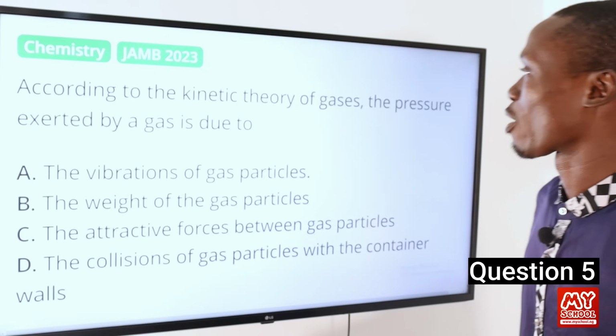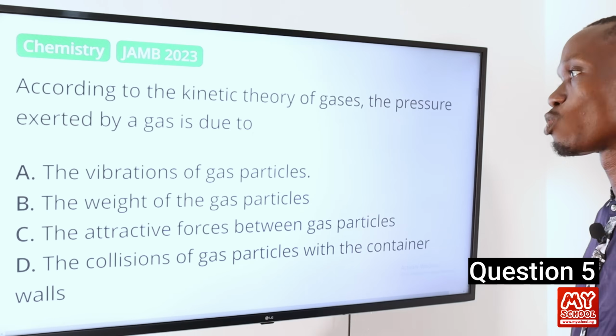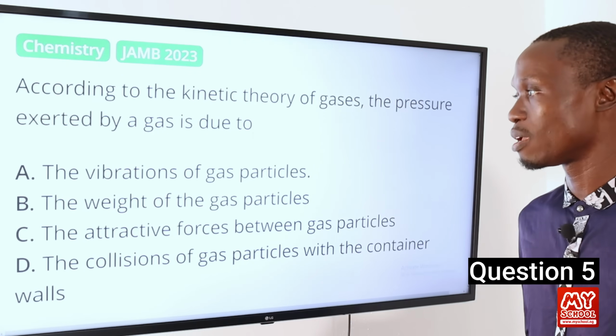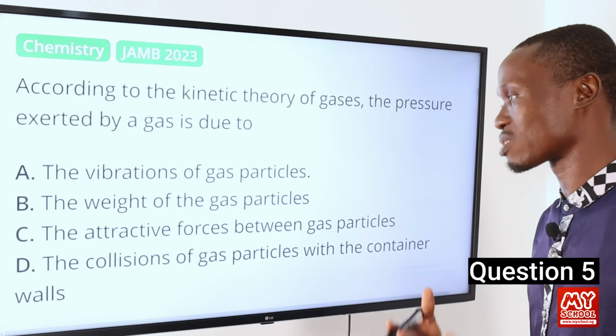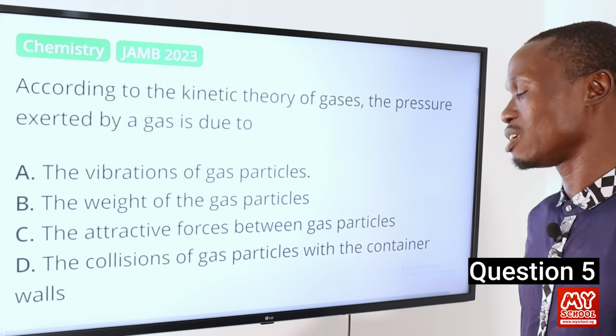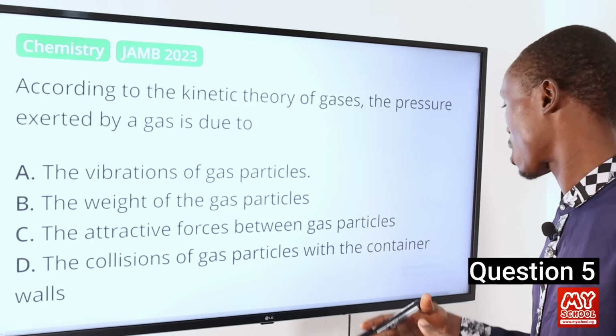Question 5. According to the kinetic theory of gases, the pressure exerted by a gas is due to: A, vibration of gas particles, B, the weight of the gas particles, C, the attractive forces between gas particles, D, the collisions of gas particles with the container wall.